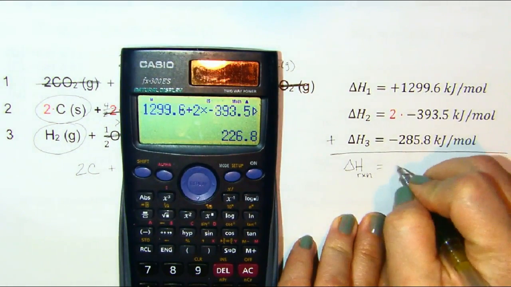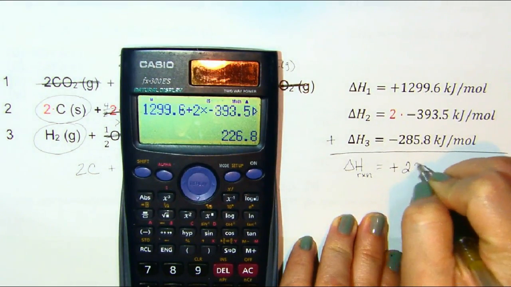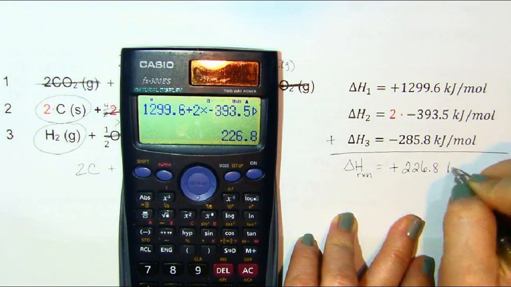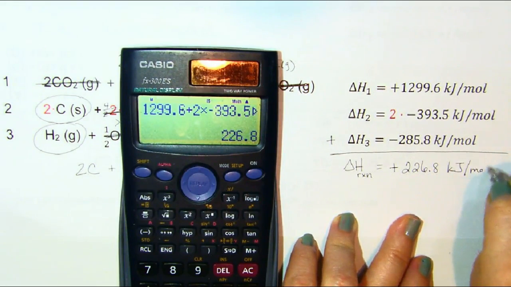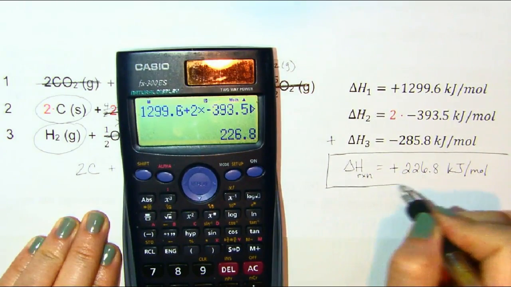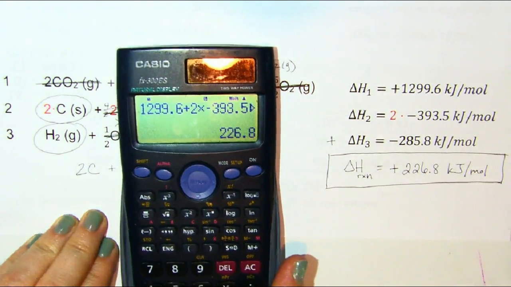And that's going to give us an overall positive 226.8 kilojoules per mole for the entire reaction. And that would be the delta H of this reaction.